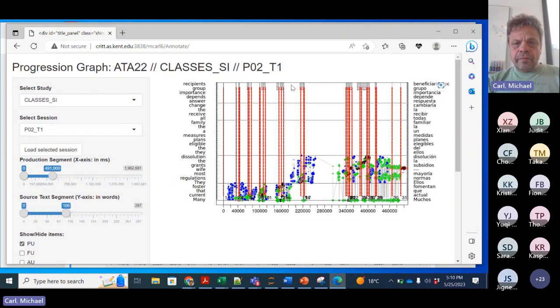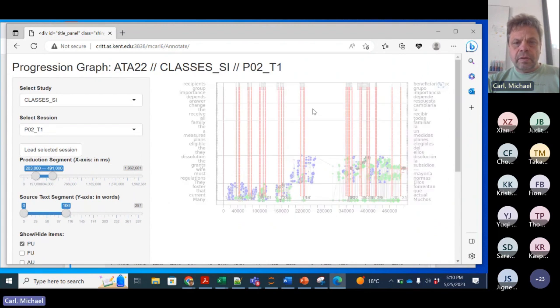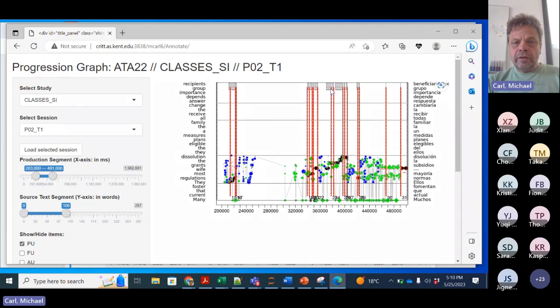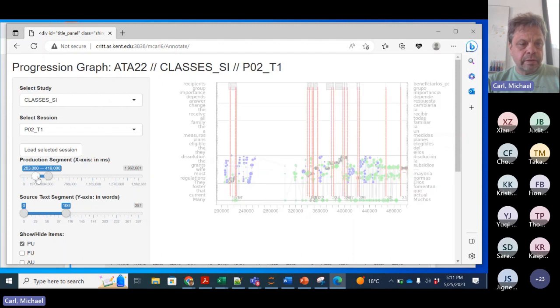So here we have stretches of typing and pauses, okay? And in this graph, the gray bars are coherent typing. So in this stretch of time, you can zoom in there a little bit more if you like.